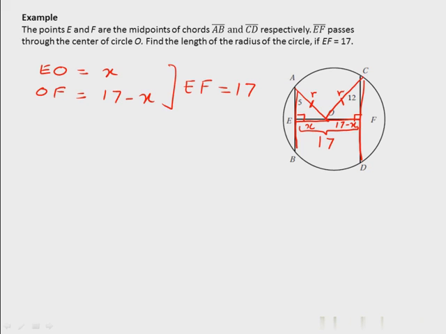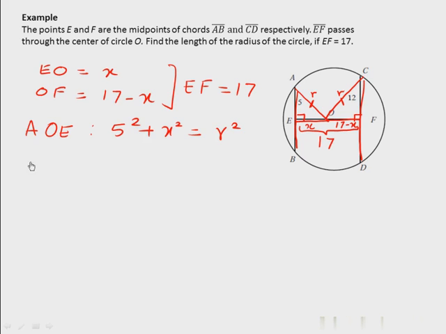Now I have two right angle triangles. I'll just use Pythagoras theorem twice. So in triangle AOE, I get 5 square plus x square is equal to r square.